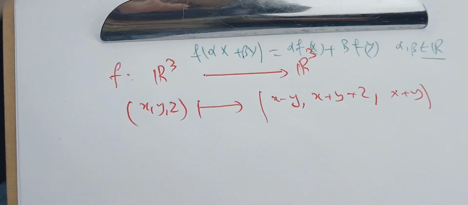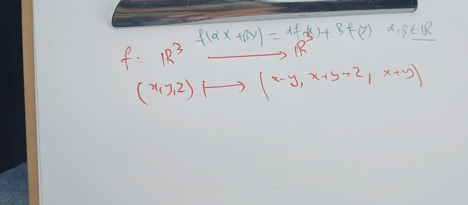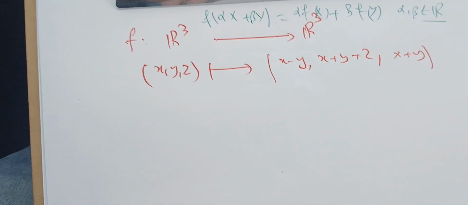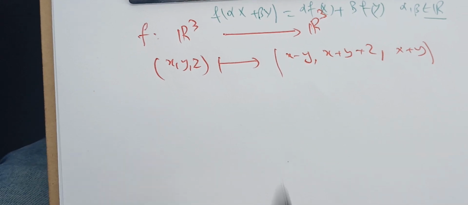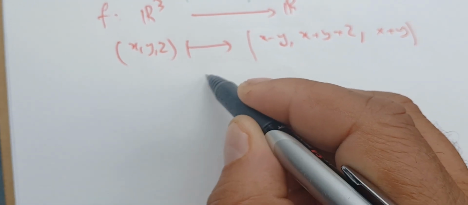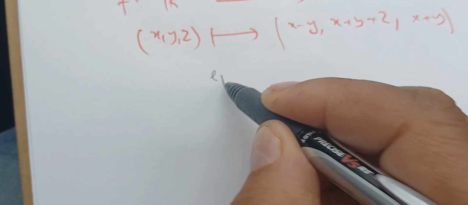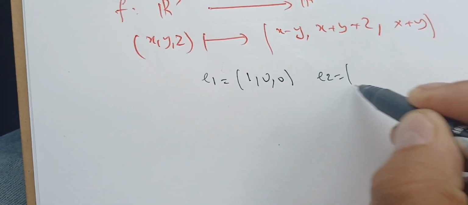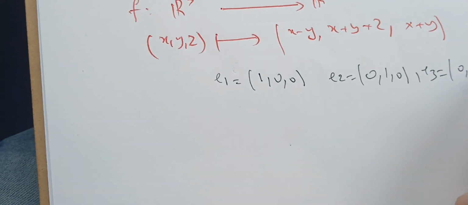Now our aim is to find the matrix. There are many ways to find the matrix, but since we are trying to find the matrix in the standard basis for R3, which we know is E1 has 1, 0, 0 as coordinates, E2 has 0, 1, 0, and E3 has 0, 0, 1.